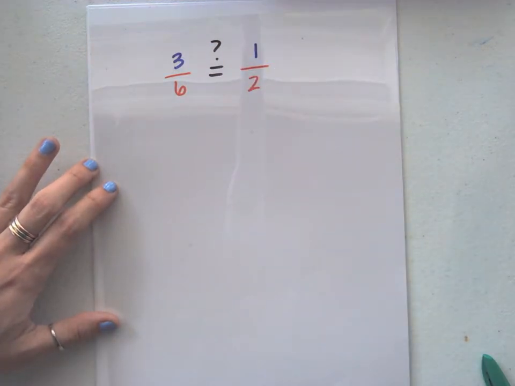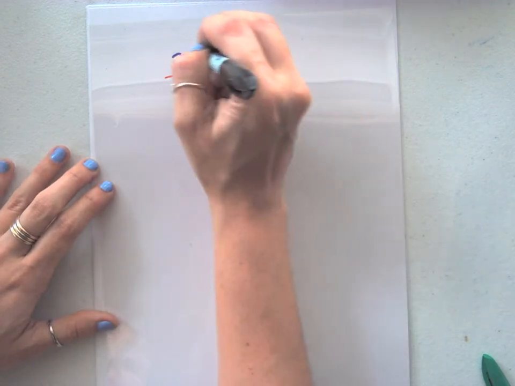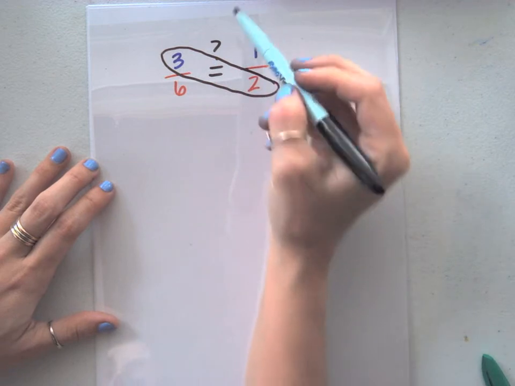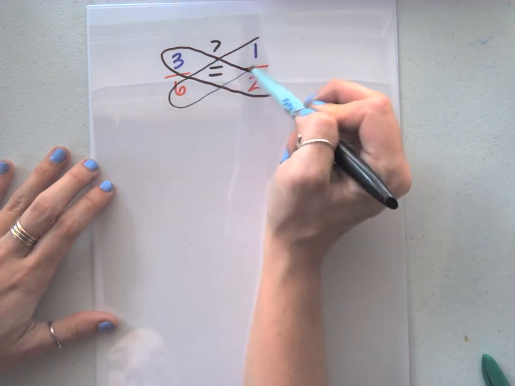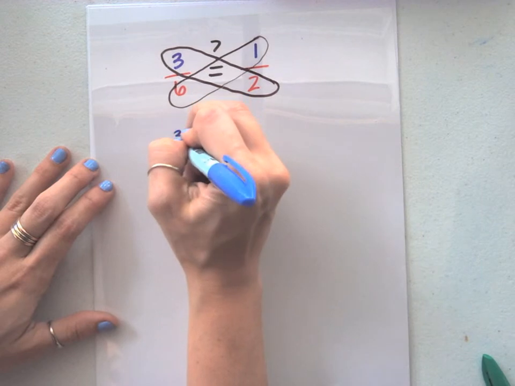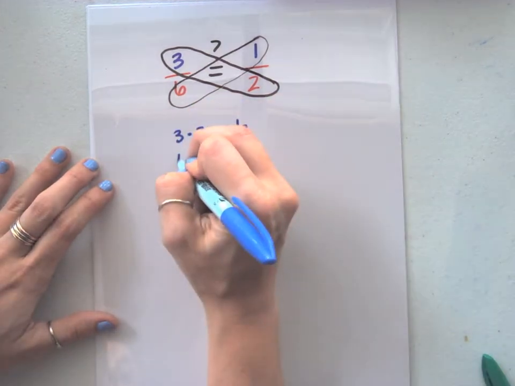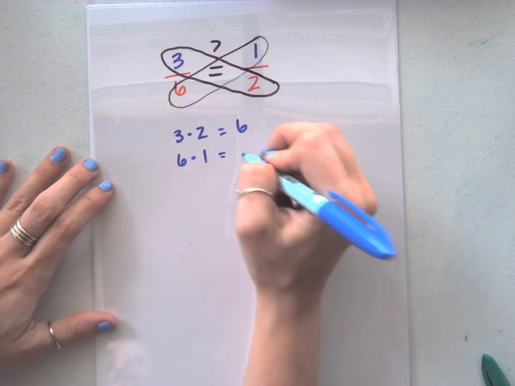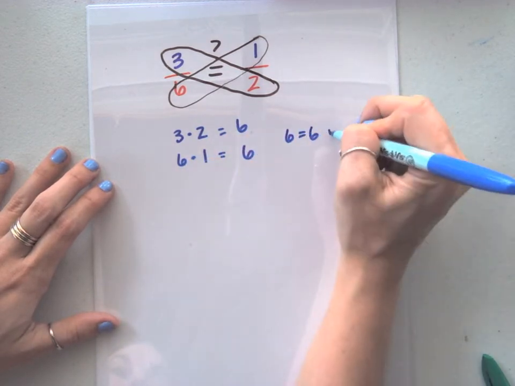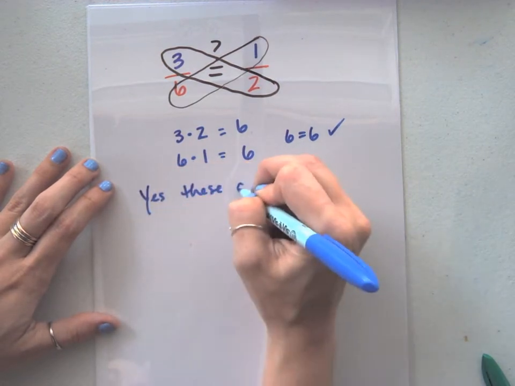All right, so we can multiply the cross product. That means multiply going across like this, and we'll see what we get. When we do 3 times 2, we get 6. When we do 6 times 1, we also get 6. Since 6 equals 6, we could say, yes, these are equivalent ratios.